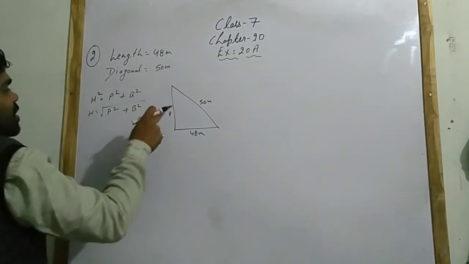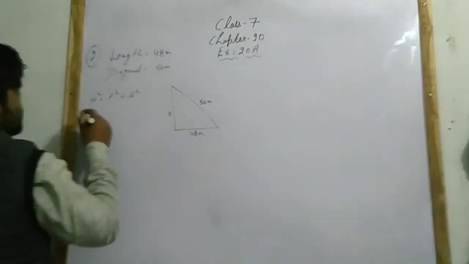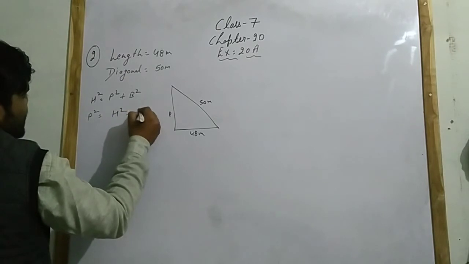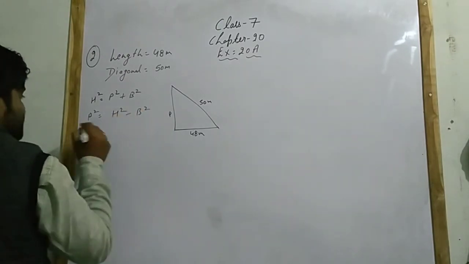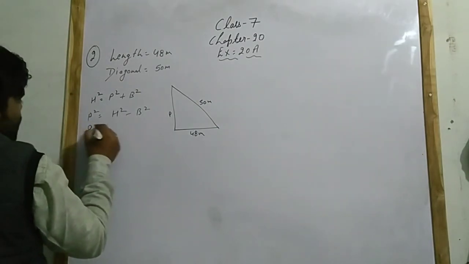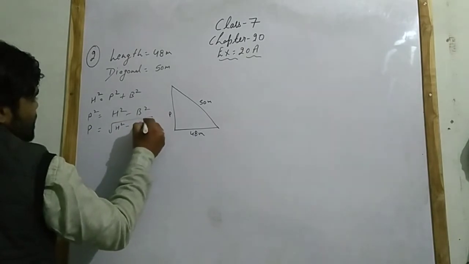What do you have to find here? We have to find p, right? So write here p square equals h square minus b square, then p equals under root h square minus b square.